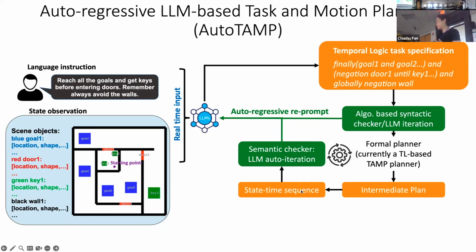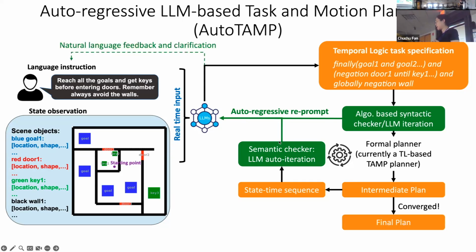And hopefully it will converge to a final answer. And in the process, we could also ask a human to give us feedback if this is just not feasible. I will show you a very interesting example where human feedback can be useful here. But this is basically the whole framework. The way we use it is to use the large language model as a translator and checker instead of asking it to solve the task allocation problem.